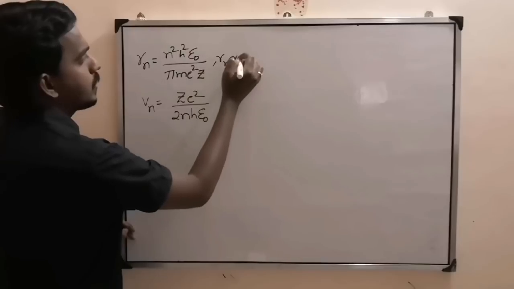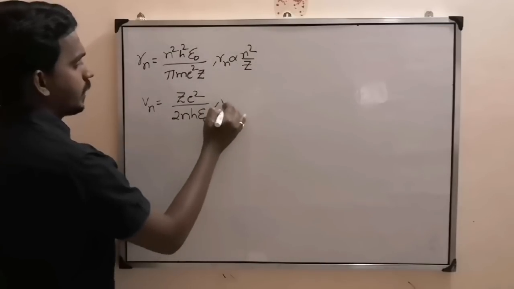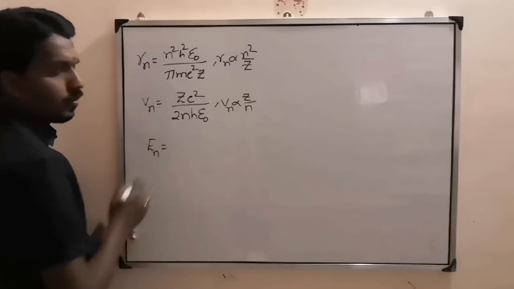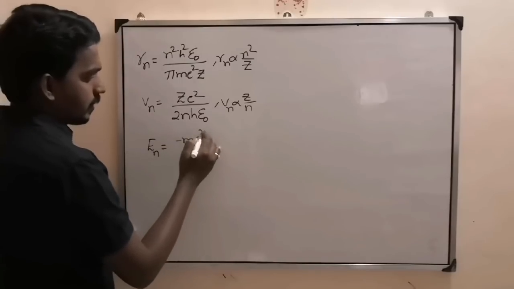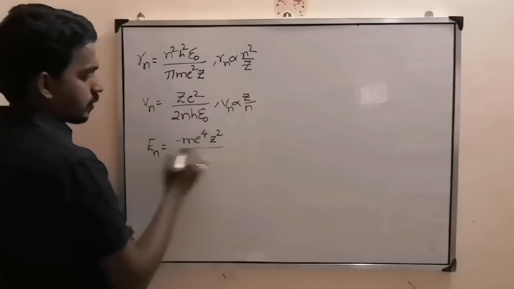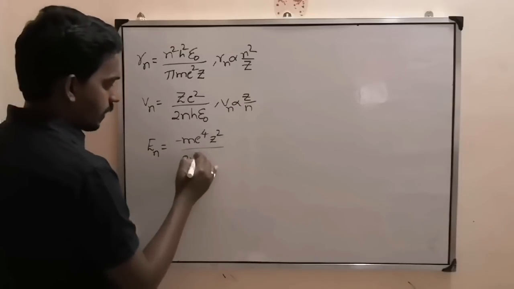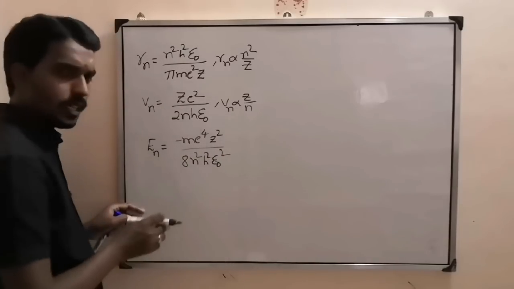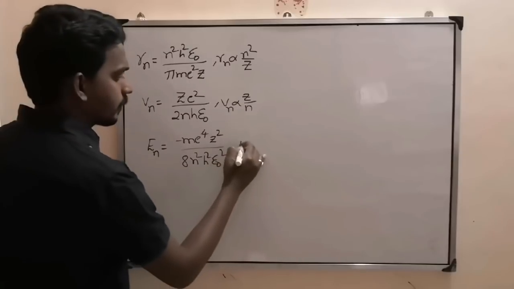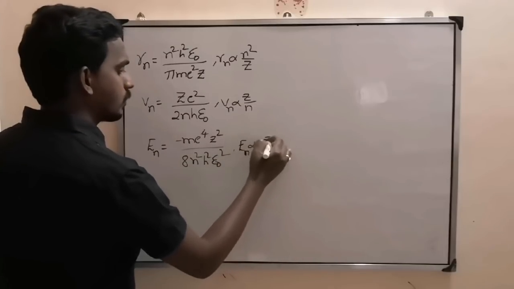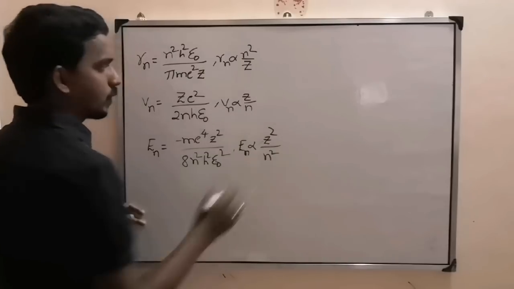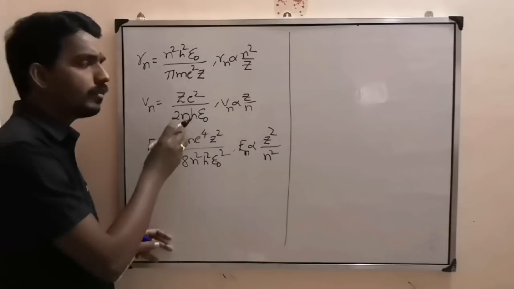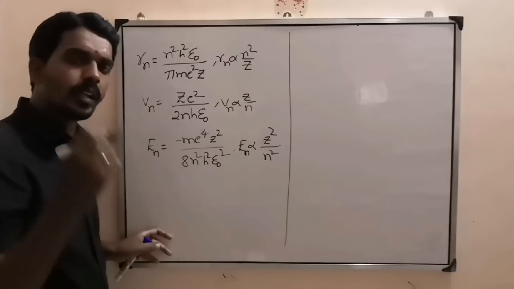Here we said Rn is proportional to n square by Z, and Vn is proportional to Z by n. The energy En equals minus m e power 4 Z square by 8 n square h square epsilon naught square, where En is directly proportional to Z square by n square. So these are the values we have derived in general for any atom.